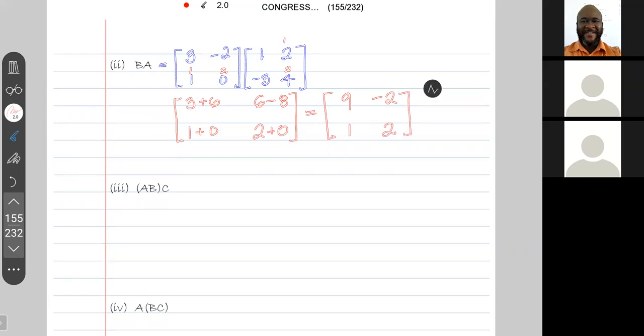So next, you need to do AB times C. Now, you already did AB, so you don't need to do it again. Please remember, you already did AB, so you don't need to do it again.